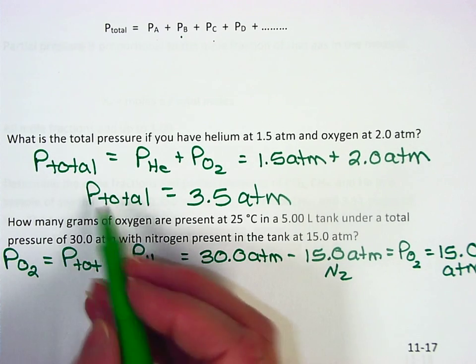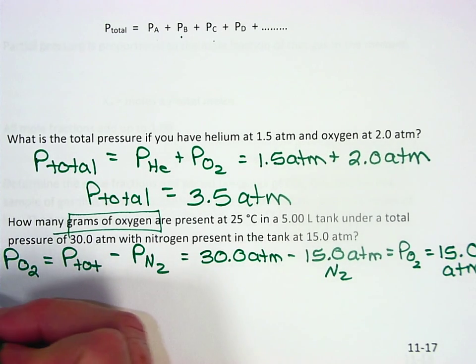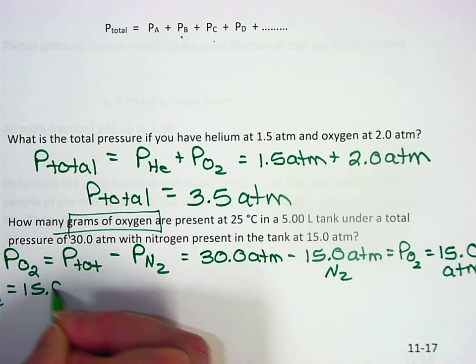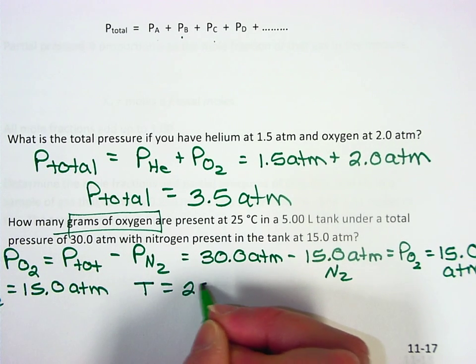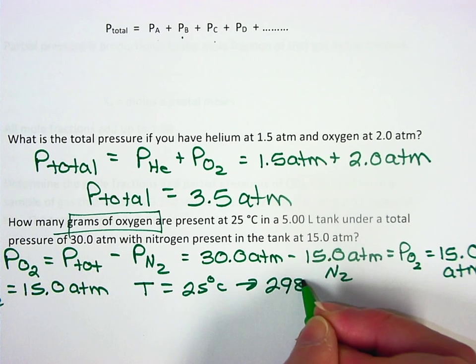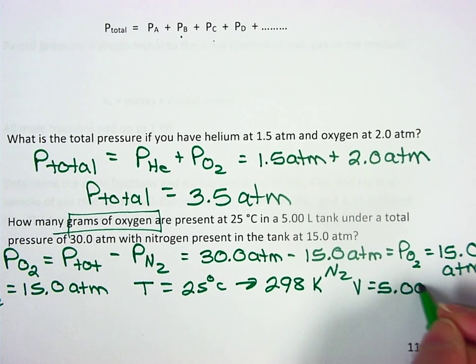That something else is to try and figure out how much oxygen I have in there. So now I know that the oxygen's pressure is 15 atmospheres. I know that the temperature is 25 degrees Celsius, which is 298 Kelvin. I know that the volume is 5 liters.